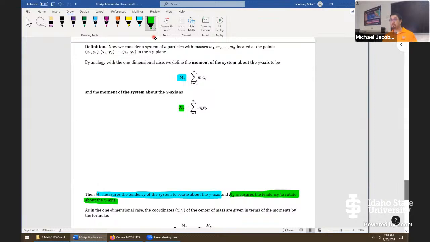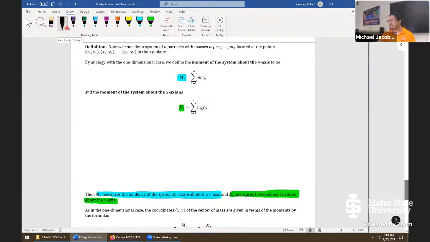So far, so good, but watch out for this right here. This gets me every time I look at these notes. We call it My because it's the tendency to rotate about the y-axis, but the actual equation takes the point masses and multiplies by the x coordinates. So there's kind of a misdirection when you read this, but the more you visualize it, the more it makes sense. It's just confusing at first.